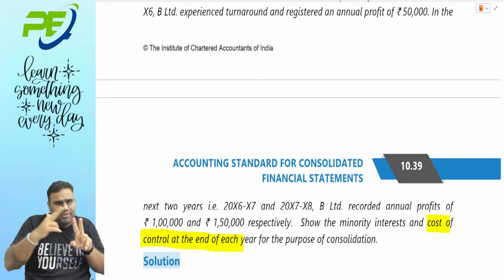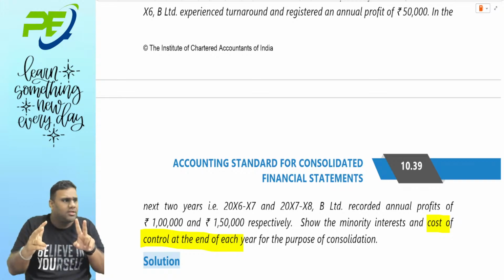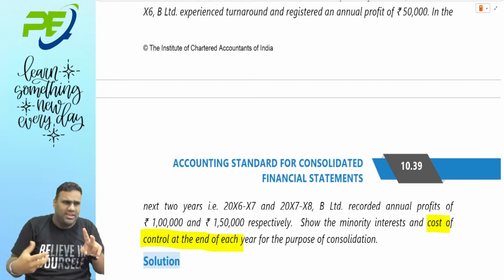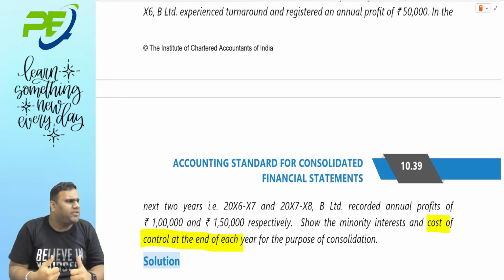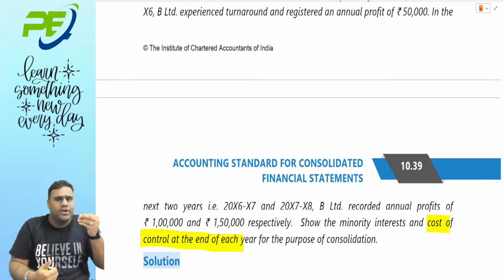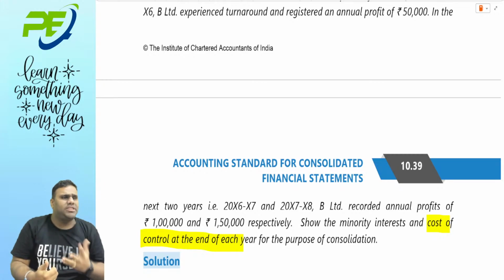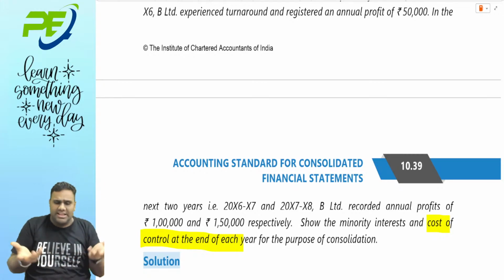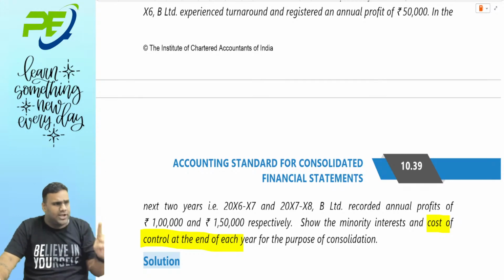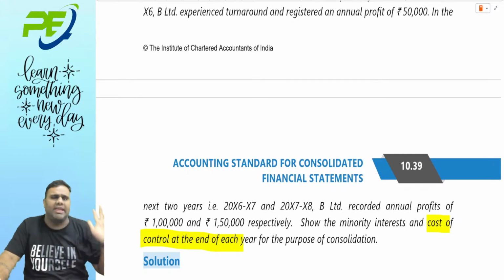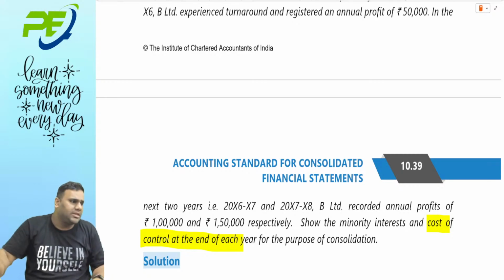Will these be the same or different every year? Acquisition happens only once, so cost of control will be the same every year. But why they have asked for each year, I don't know. So I will not calculate for each year. I'll calculate only once, and that same amount will be there every year. Am I clear?